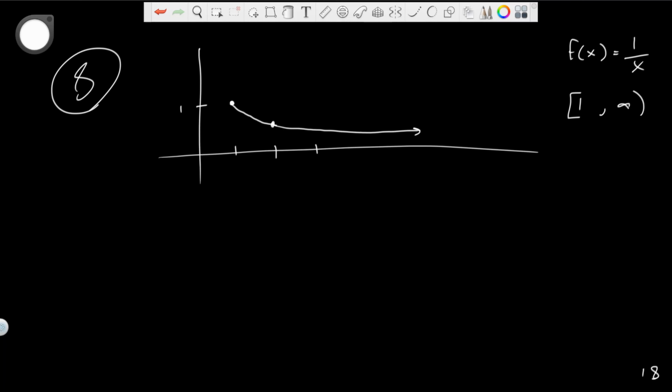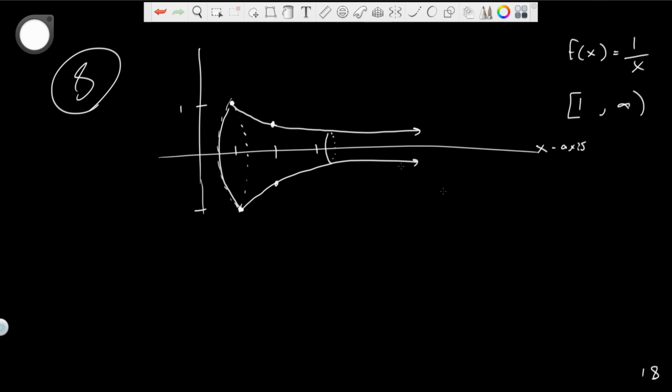The next thing I want you to do is take this curve from 1 to infinity, 1 over x, and revolve it around the x-axis. Add another one there just for depth.